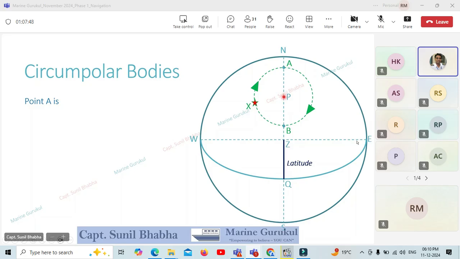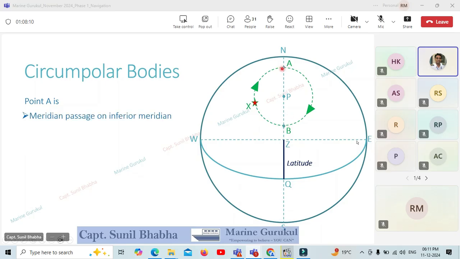You see, when you go on the other side of the pole, this represents your inferior meridian, reciprocal meridian. So at point A, the body crosses the inferior meridian of the observer. At point B, it crosses the meridian or the observer's meridian.